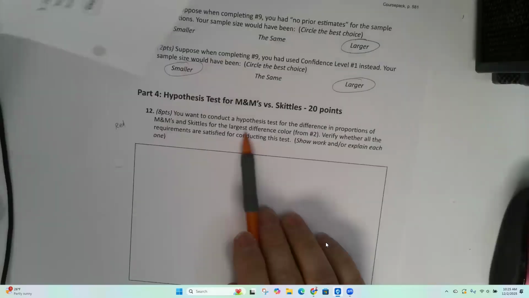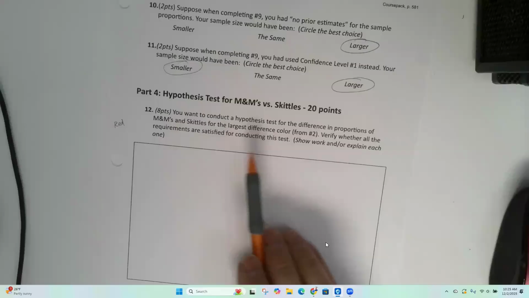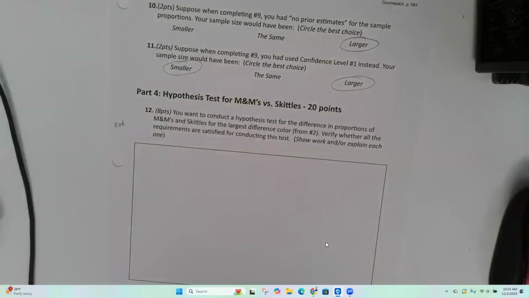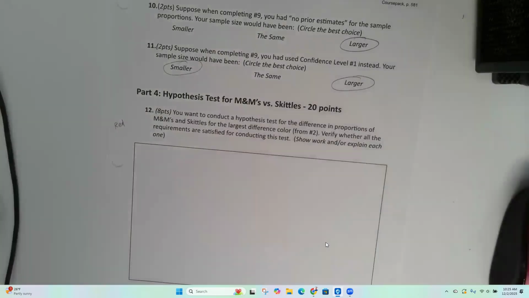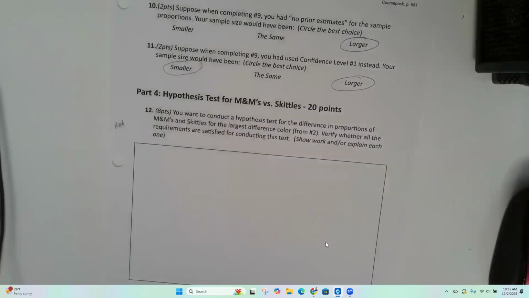Verify whether all the requirements are satisfied for conducting this test. I looked at green already. I did some confidence interval stuff, but now I want to look at red and test whether the proportion of red M&Ms and red Skittles is the same or if it's different.